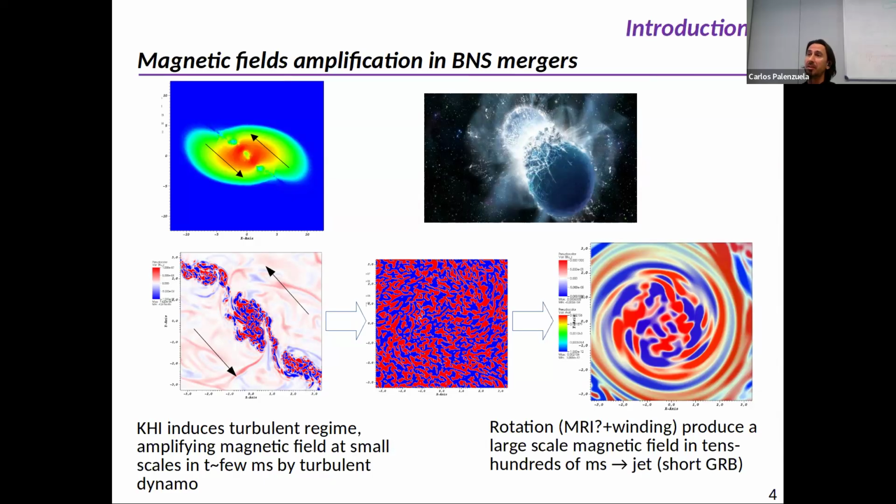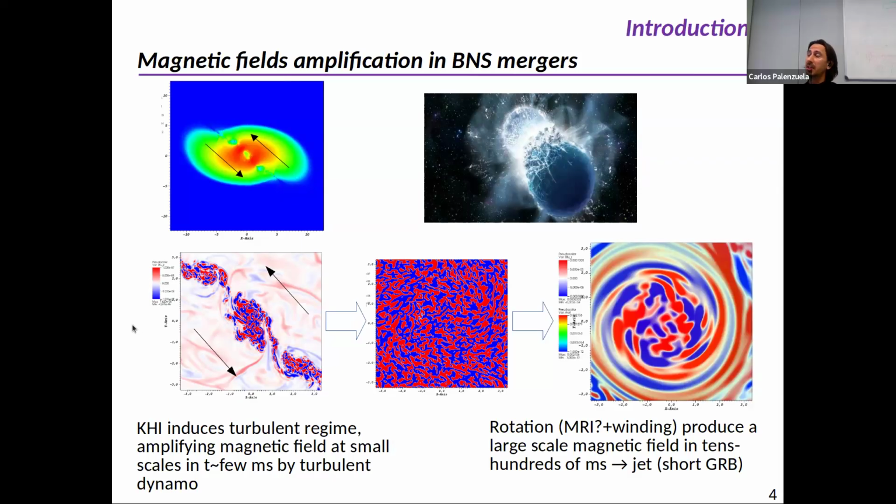And the process that, from the theoretical point of view and numerical simulations have confirmed, in which this amplification takes place is that at the time of the merger, we have two balls of fluids that are moving in different opposite directions. And so the interface between two fluids is going to be prone to the Kelvin-Helmholtz instability. That is going to produce eddies at different scales and smaller scales.